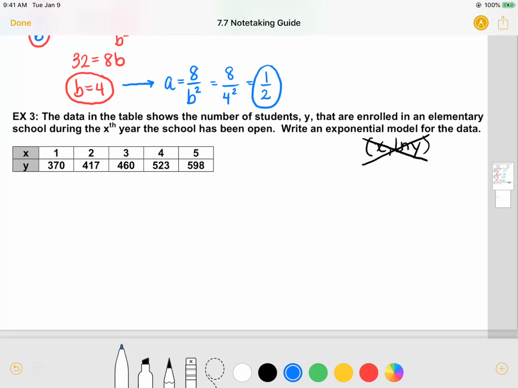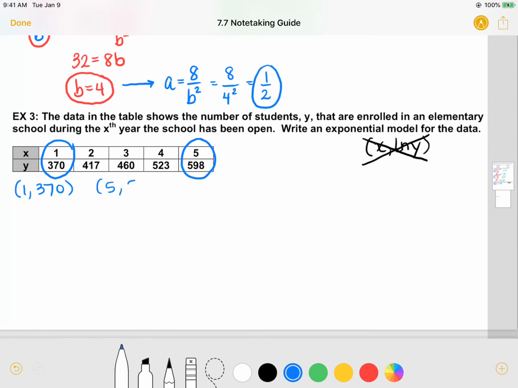Okay, so what I like to do is grab, say, like the first point and the last point. Okay, and that way this kind of encompasses all the points in the graph. So we're going to use the point 1, 370, and the point 5, 598.